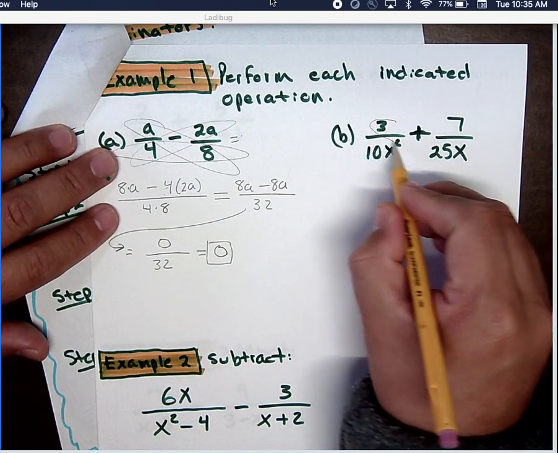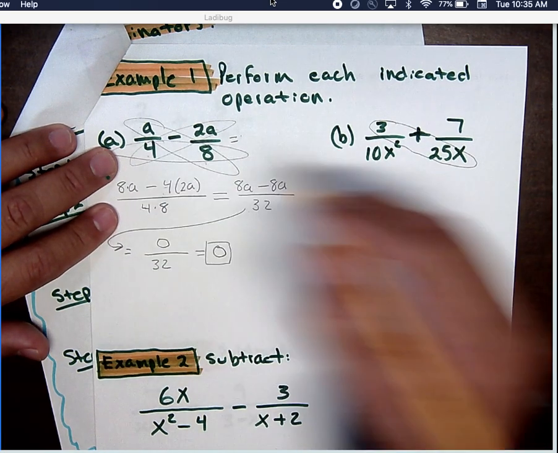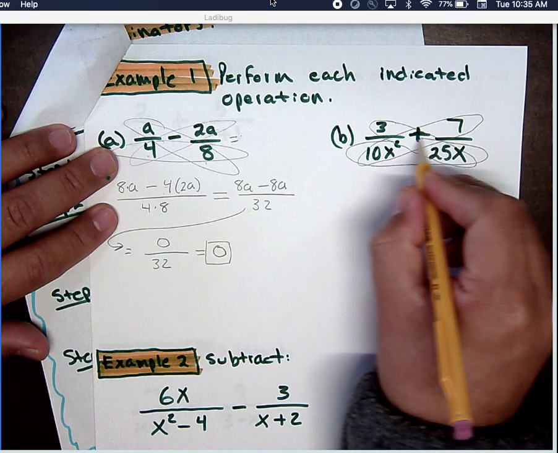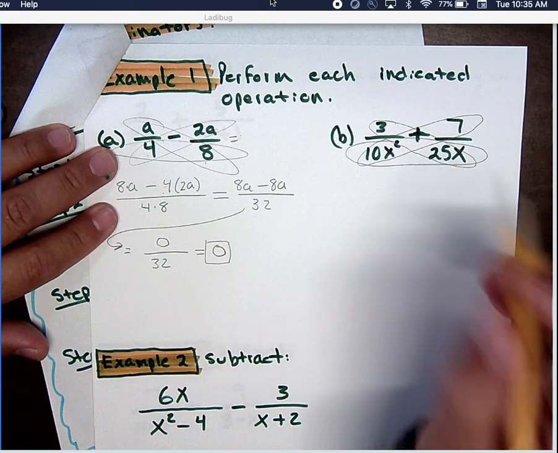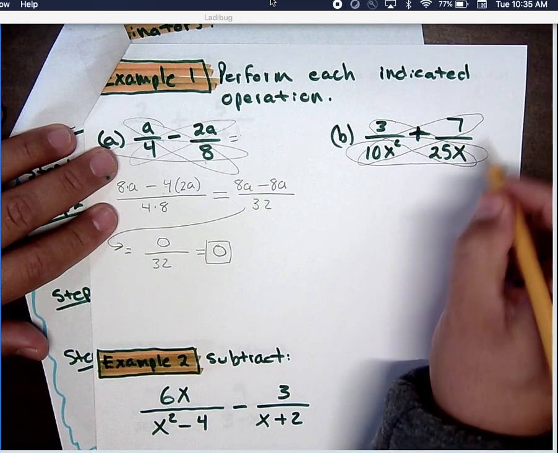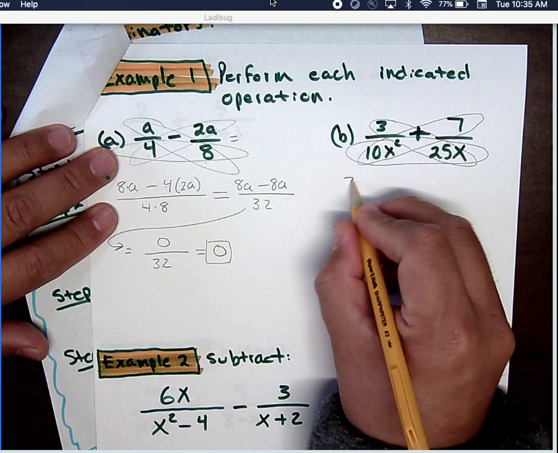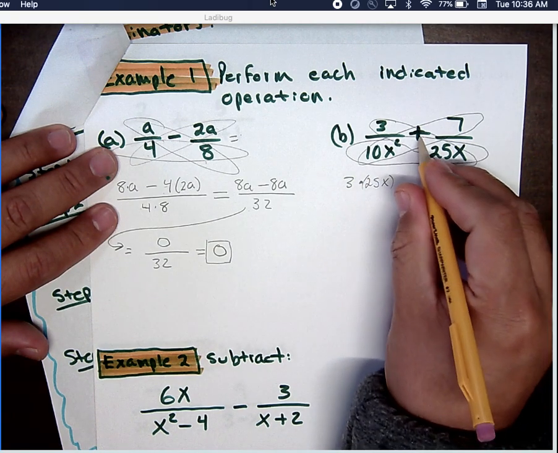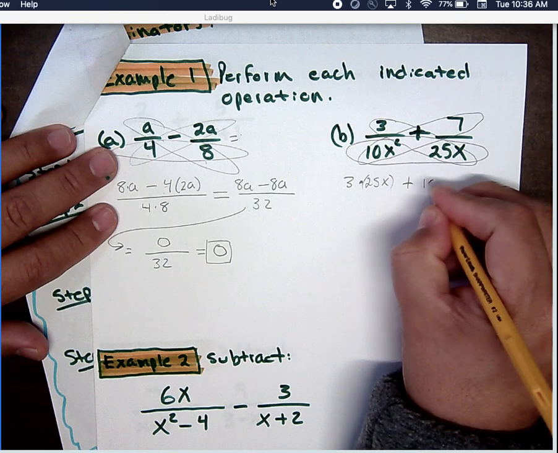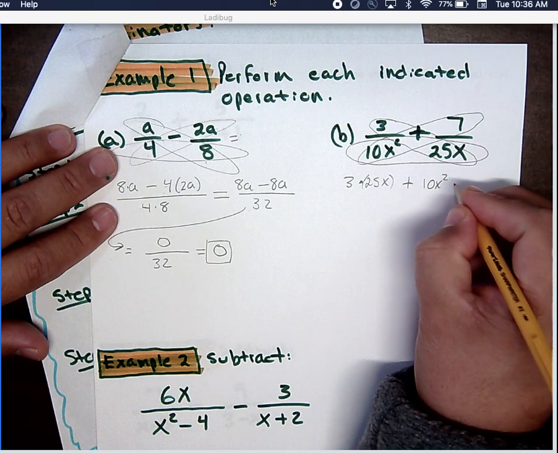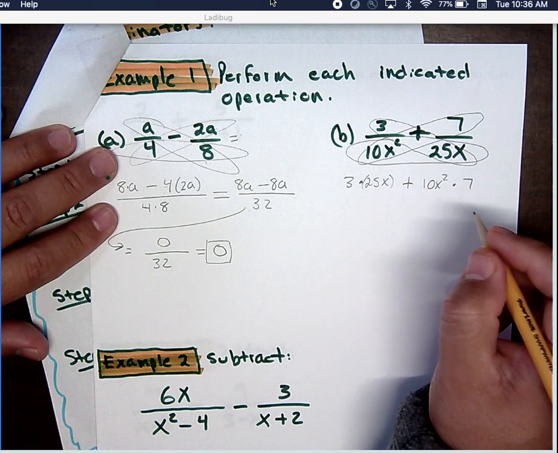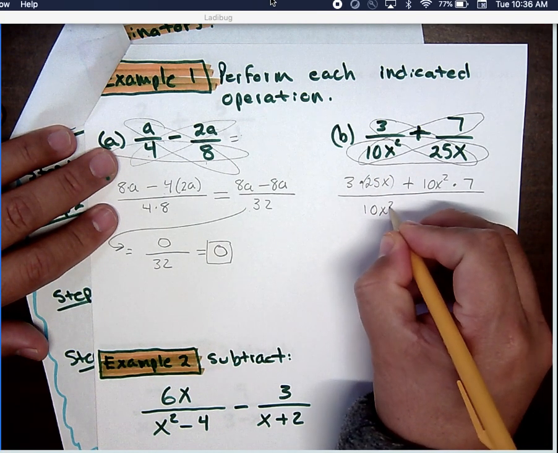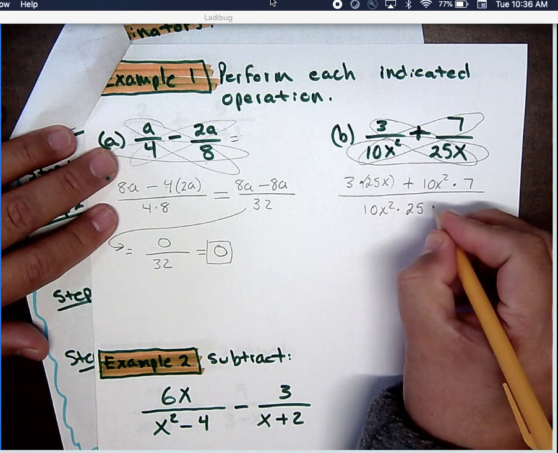Now let's do this one. And of course the book starts with the monomials. Monomials are always the easiest ones to simplify and work with. So 3 times 25x, we're adding this expression of rational numbers. 3 times 25x plus 10x squared times 7 over 10x squared times 25x.